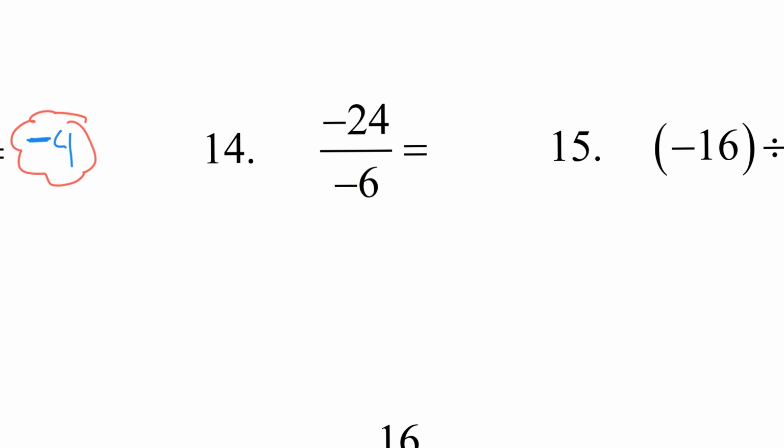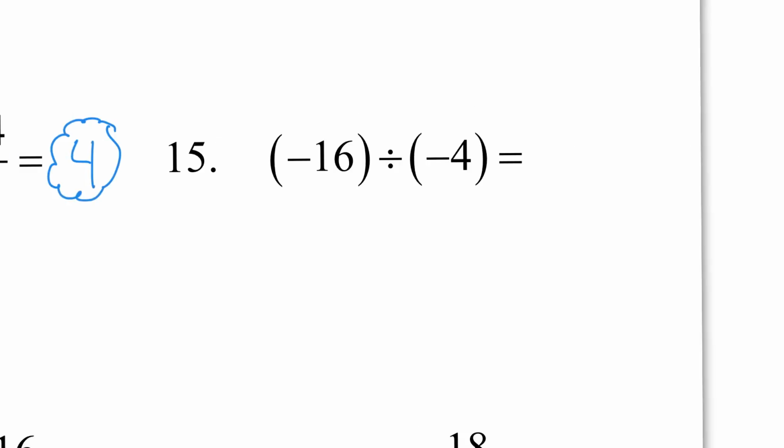If you have an even number of negatives, the answer will be positive because the two numbers, the numerator and denominator, have the same sign. So my answer has to be positive. And when you divide 24 divided by 6, that's how you read the fraction. Negative 24 divided by negative 6 is going to be positive 4.